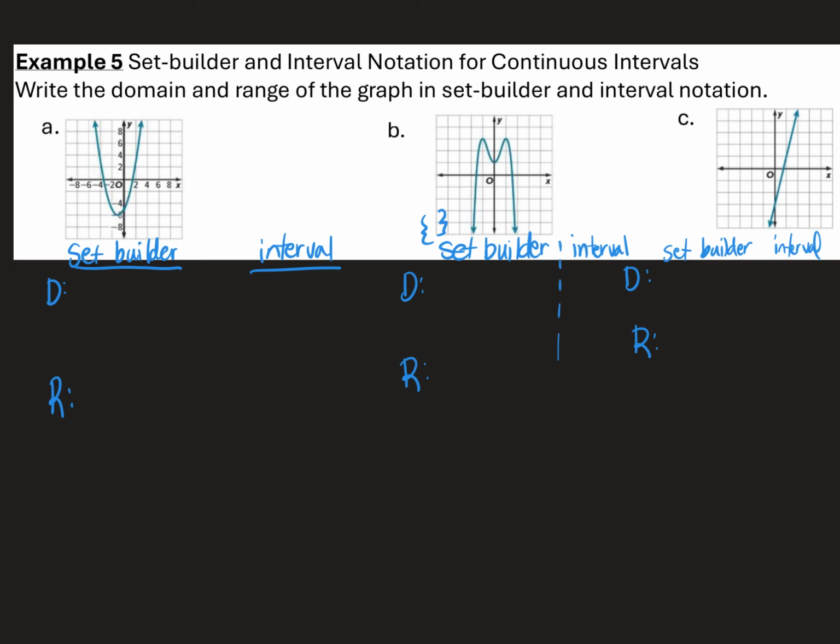Okay, so remember, domain is how far left or right. Range is how far up or down. So let's grab a highlighter. How far left or right is this graph going? It's going forever to the left and up, and forever to the right and up.